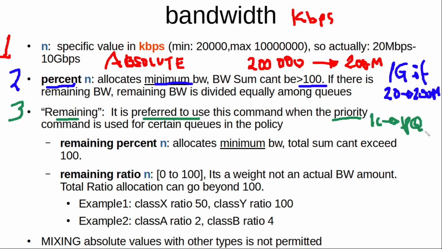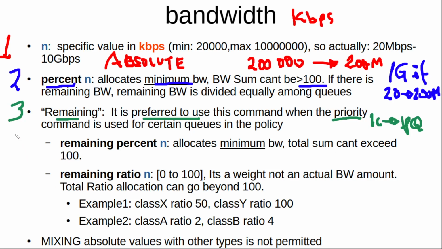You can assign up to 2 priority queues in egress interfaces. So from the 8 available queues that you have at the egress in Catalyst 9000, 2 of those can become priority queues.